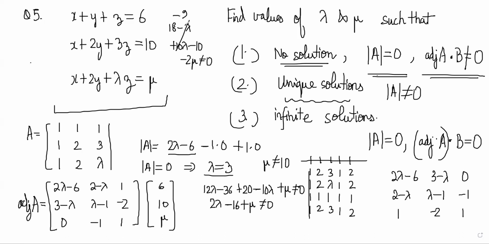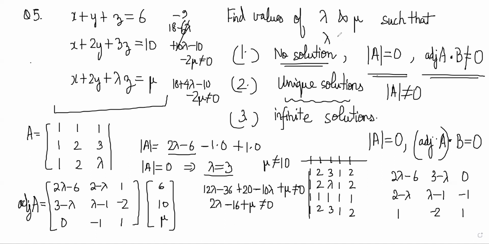And for the second and third, it is again only lambda for the second one, and third is infinite. You are getting a constant, mu not equal to 10 in the first place.